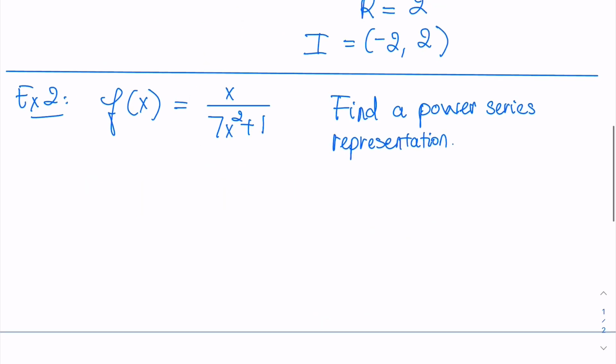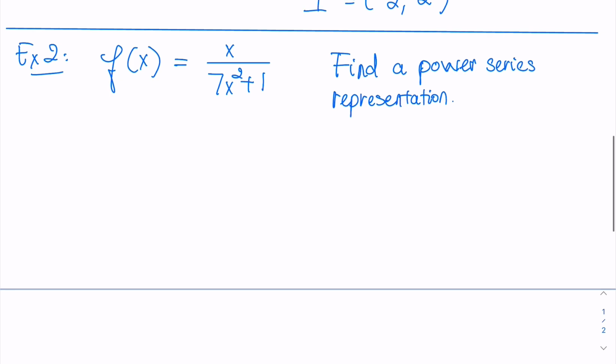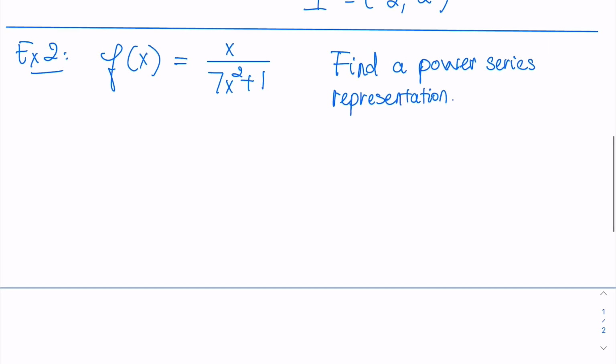I want to find the power series representation for this function f of x equal to x over 7x squared plus 1. Notice that the center is at x equal to 0. So first of all, we have to rewrite the function. Instead of having x over 7x squared plus 1, I'm going to take out the x.